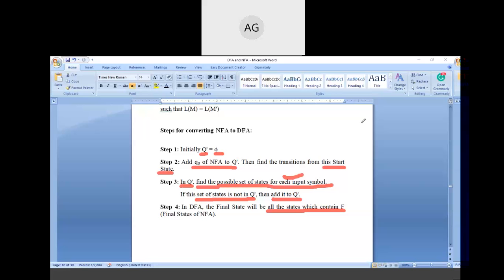Just write in the chat box that you understand this algorithm very well. Achita, Anjali, Anuj.